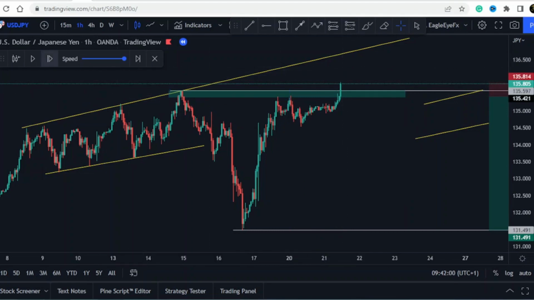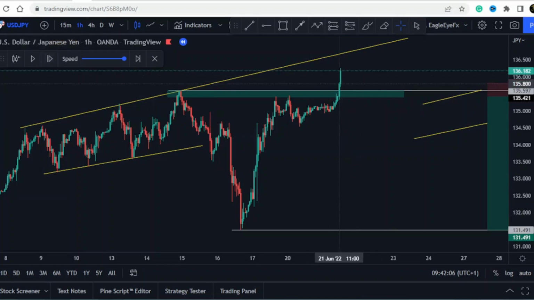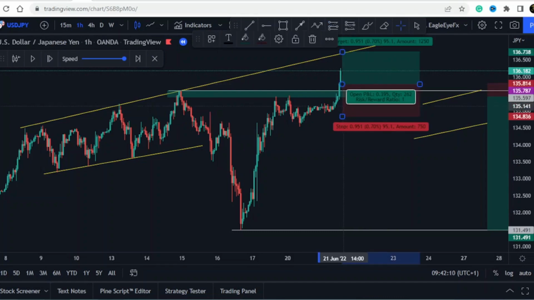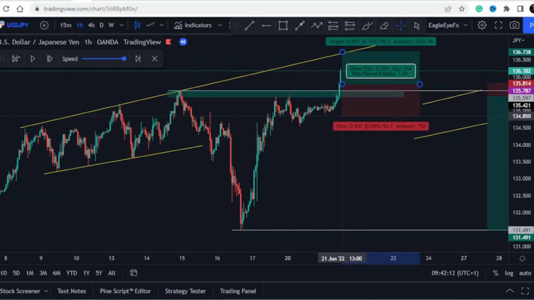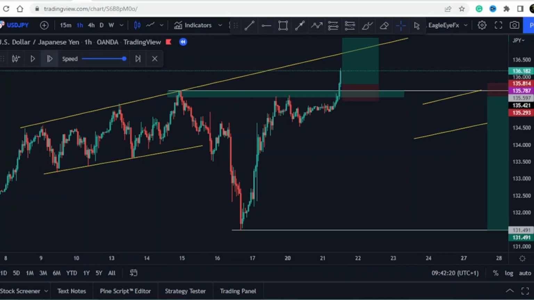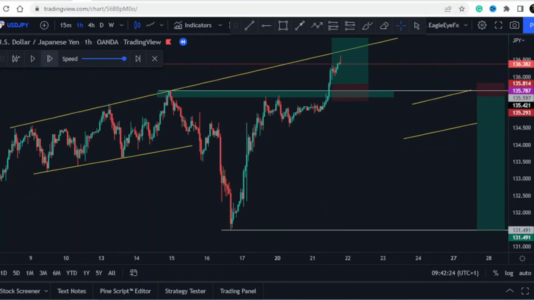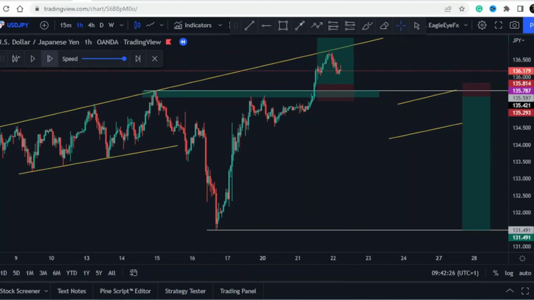Then after it broke, maybe you could have entered your buys over here. Maybe put your stop loss just below there and target some level upside, or put the stop loss below the zone. Then look, it tells you that, oh, actually a confirmation that the market has gone up.